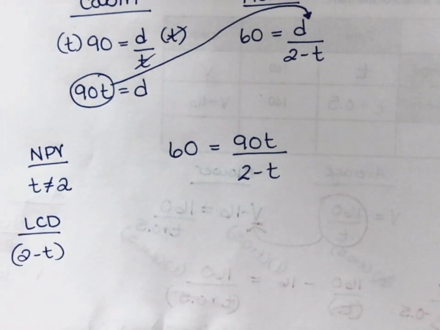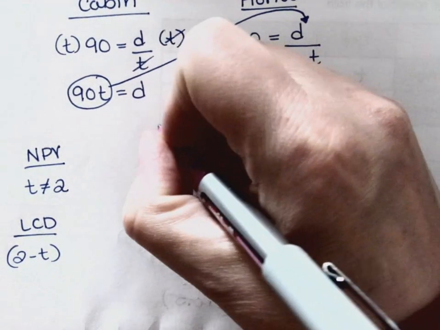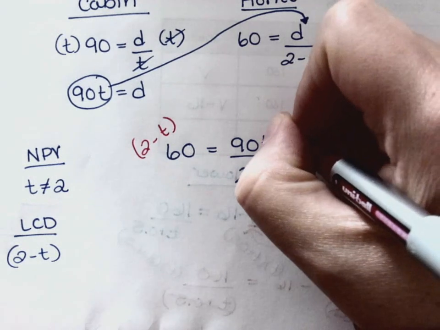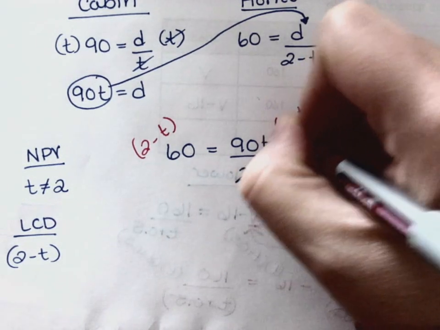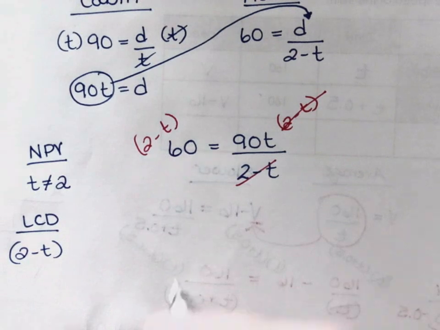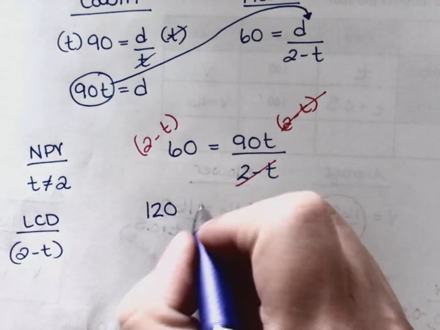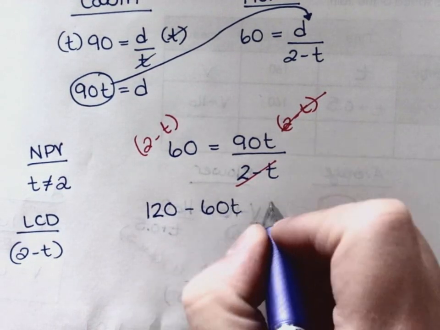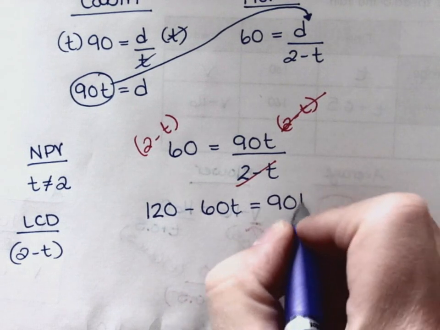Now what do I do? 180. Multiply all tops. What's 90 times 90 times 2?